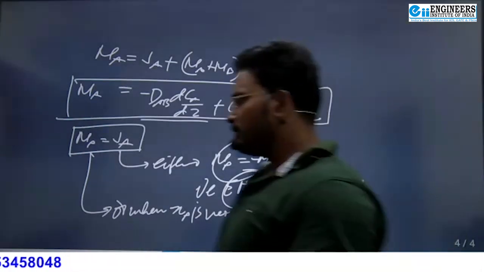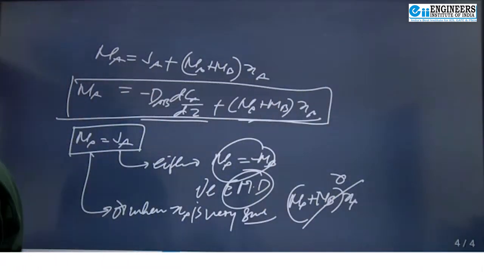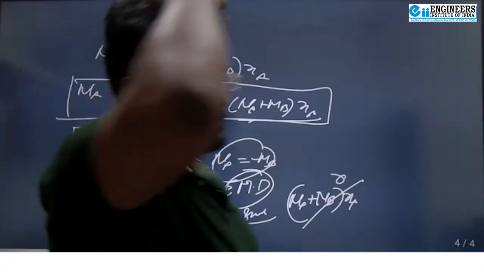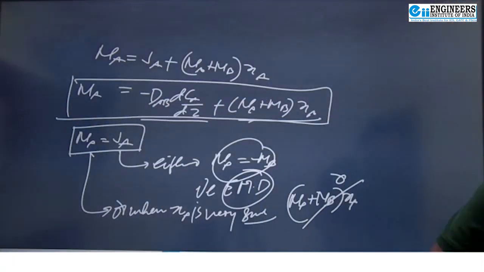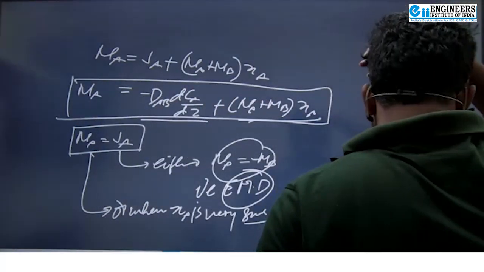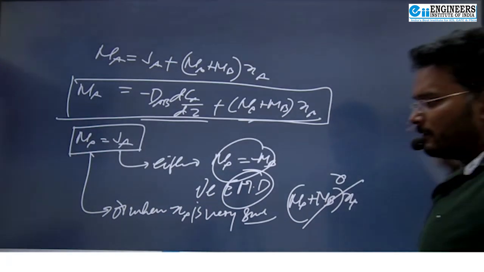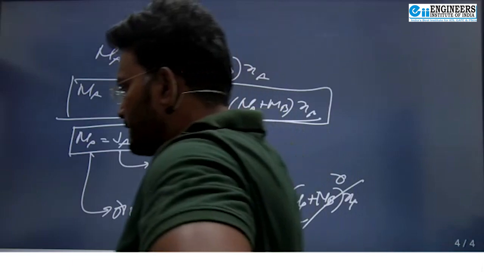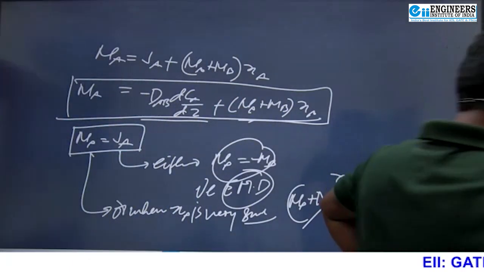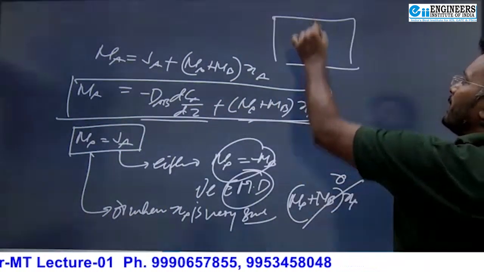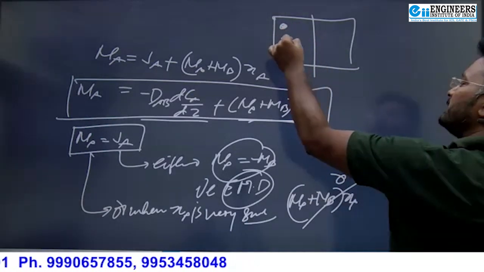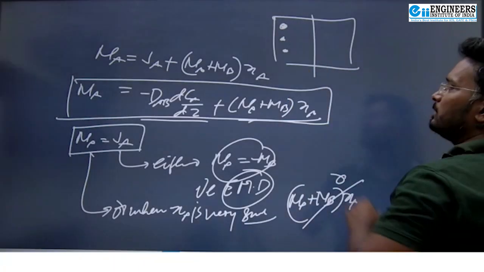So even if equimolar counter diffusion is not there, if the solution is dilute, when the mole fraction of A is very, very small, then in the transfer of A the bulk flow contribution is negligible. Am I right? That is the case when a partition is there and the amount of A is very small, only B is there.